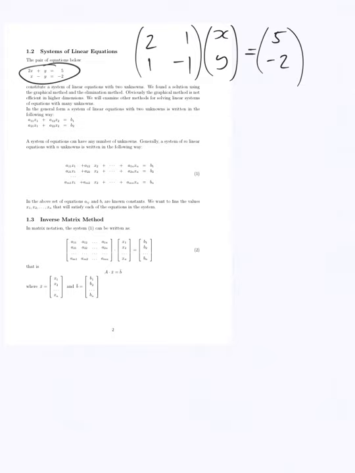So if I give names to these things, let's say I call that Ax equals b. So here, this matrix here is A, this is x, and this is b.